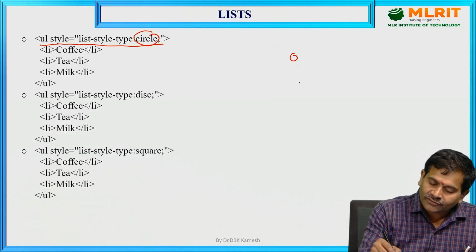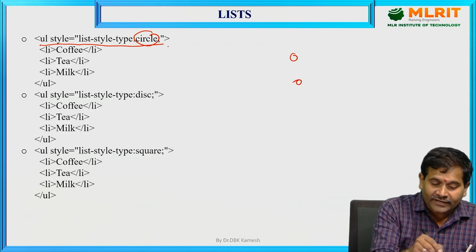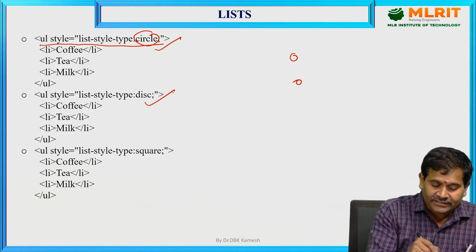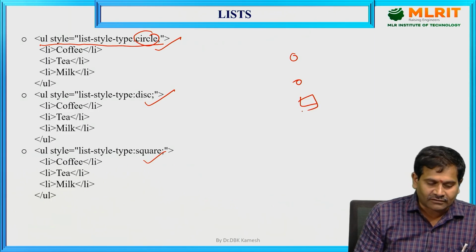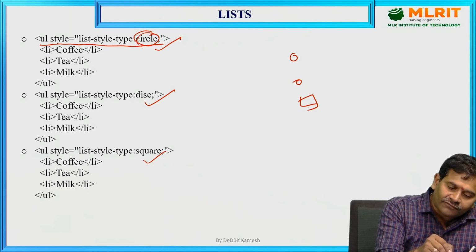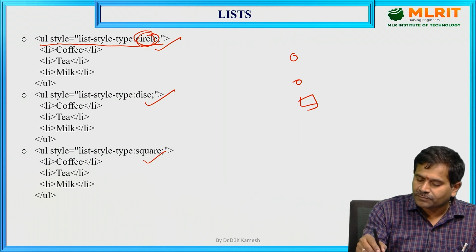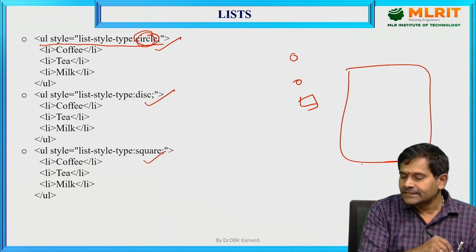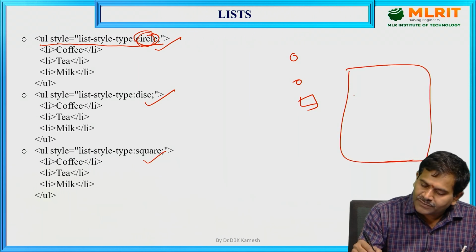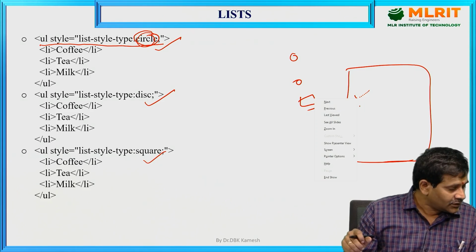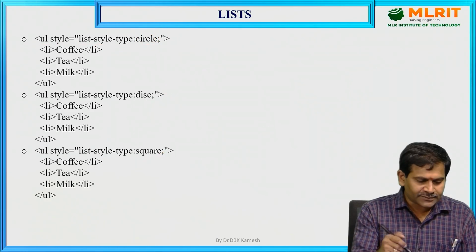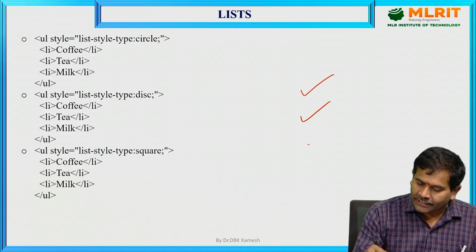You can give disk or other varieties: the first is circle, the third is square. You can give whatever your requirement is, based on your client's needs. Sometimes maybe a tick mark like this.